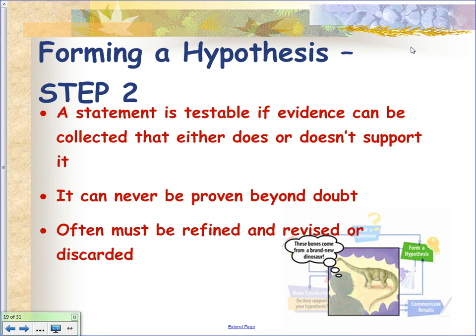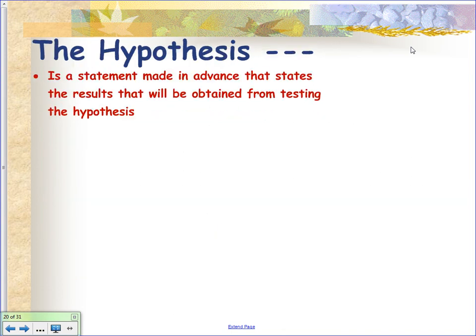Hypotheses are never proven beyond a doubt, and in a lot of cases they need to be refined, revised, or a lot of them are just discarded. So going to our paleontologist, these bones come from a brand new dinosaur. That's a pretty logical hypothesis for that question. So a hypothesis is a statement. It's made in advance. It states the results that will be obtained from testing the hypothesis.